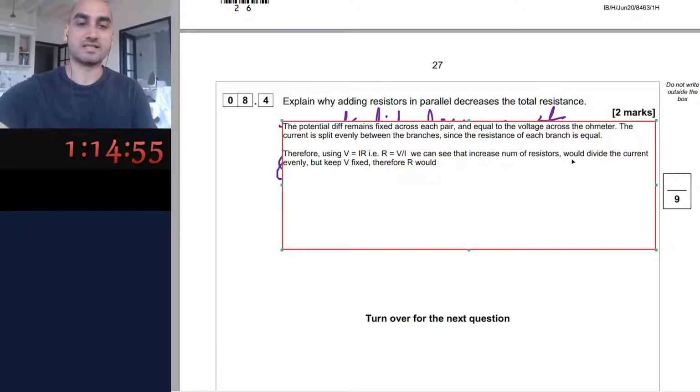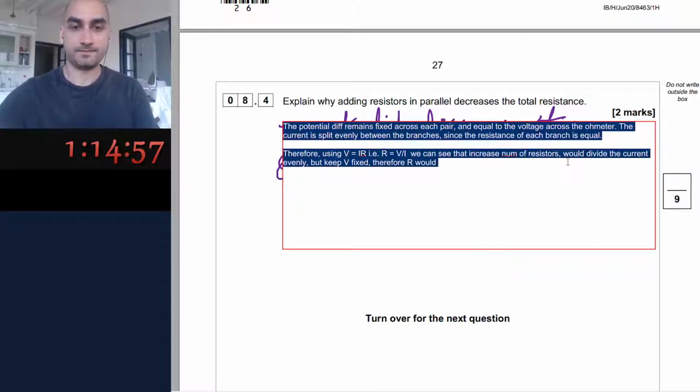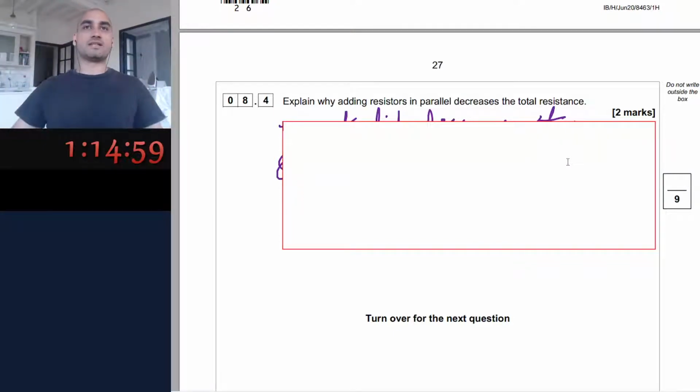The general understanding is that you have more ways to get to your destination.